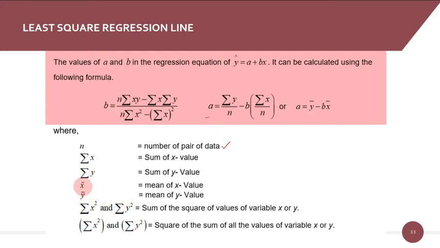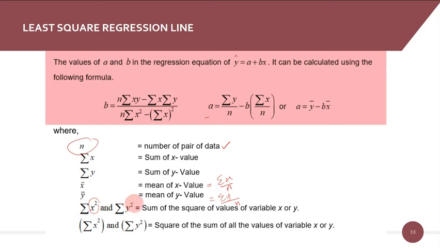X bar means the mean of the values of x. You have summation of x divided by n to get the mean. And the mean of y means you are finding summation of y divided by the number of pairs of data. Then for summation of x squared, you find every x squared item in the data and then sum all the results.